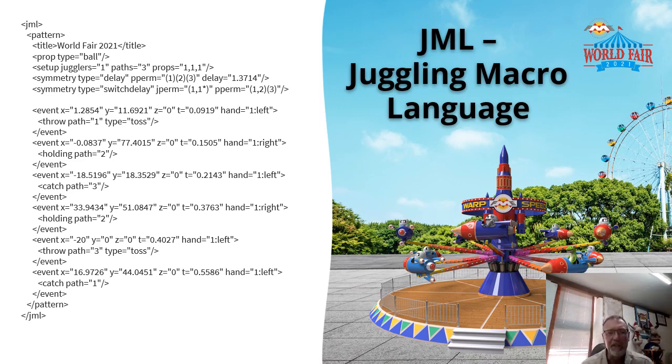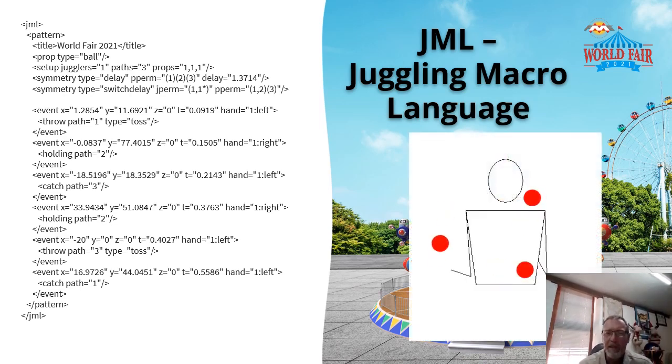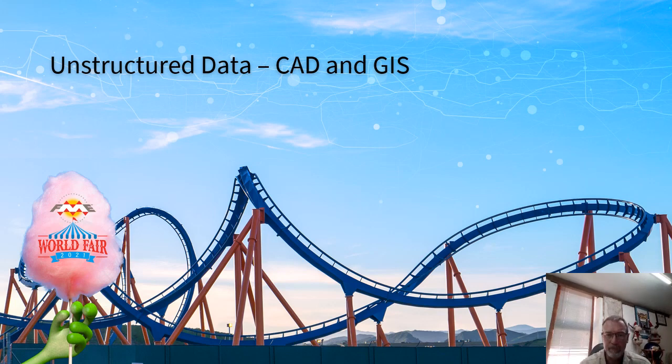So there's a lot of actual information in that XML, but the main thing is, when we look at this simple one, it's just juggling 3, and the simulator is created from that XML, and we can see the relationship between the X and Y events as they're moving along.